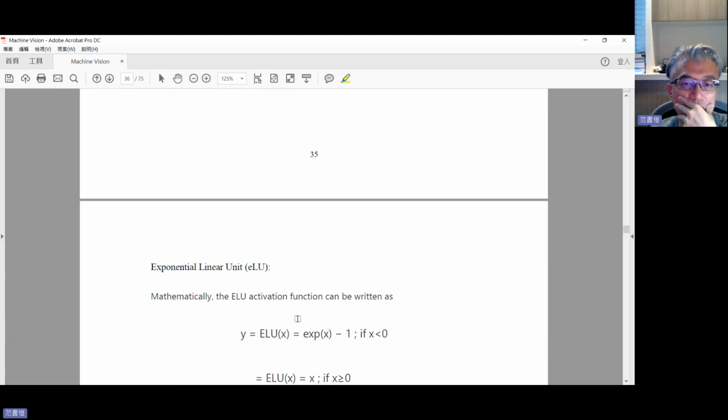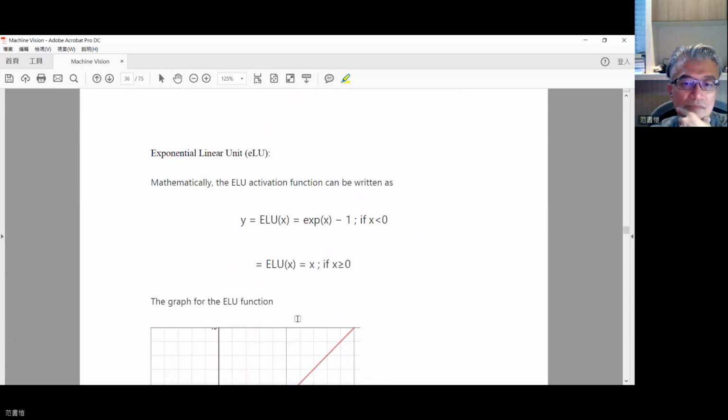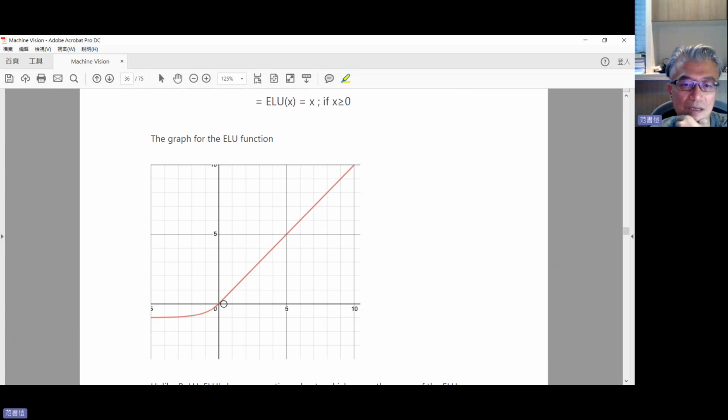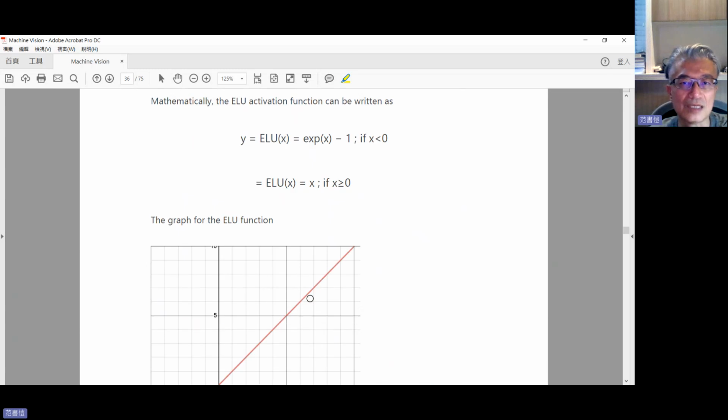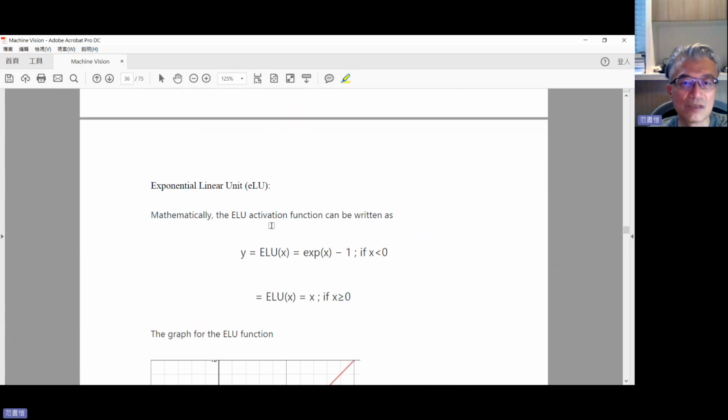Next is the exponential linear unit, called ELU. Like this, it increases like a 45 degree line for positive x. However, for less than 0 it is exponential, still increasing if x starts from -5 and increases up to 0, and then there is linear increase. So mathematically, the ELU activation function can be written.